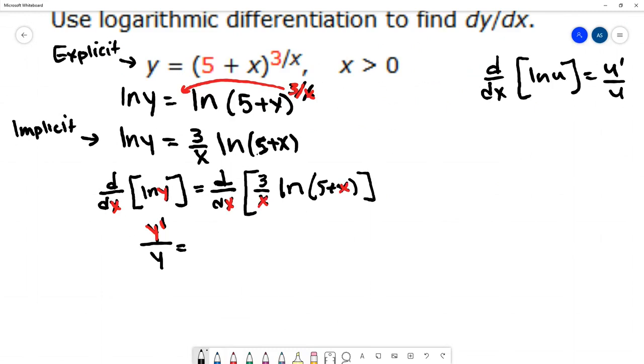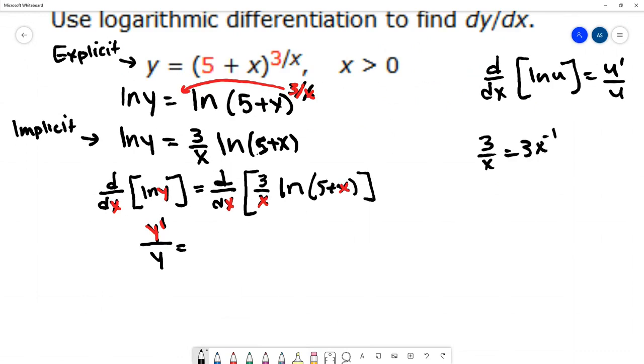Now, on the right-hand side, we're taking the derivative of 3 over x times natural log of 5 plus x. So I'm going to have to use the product rule to calculate this derivative. And I'm also going to think of 3 over x as 3x to the negative 1.